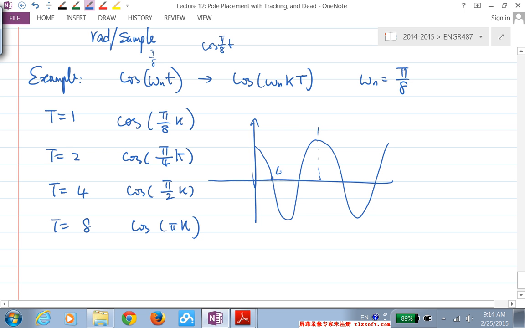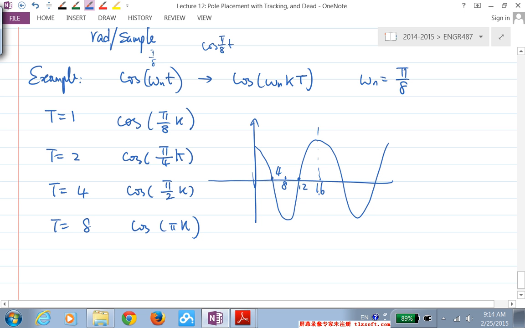This is 4 here, right? When t equals 4, this is pi over 2. Yeah. This is 16, and this is 8, and this is 12, right? So when t equals 4, 8, 12, 16, that's one period, right?